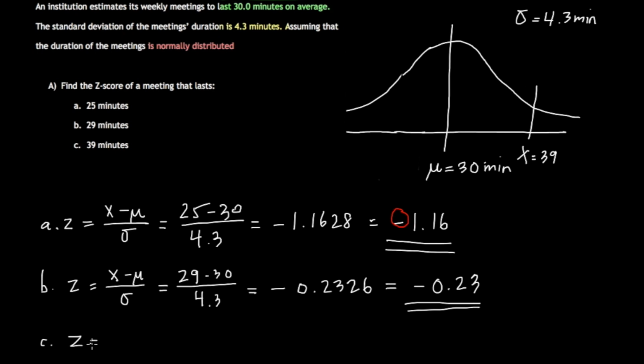So z is equal to x minus mu divided by the standard deviation, which in this case will be our x, which is the difference. So it's the different part of question C. So 39 minus 30. So our mean hasn't changed.